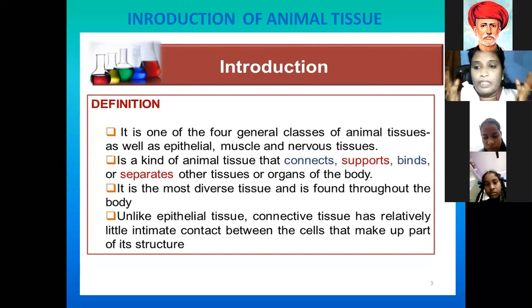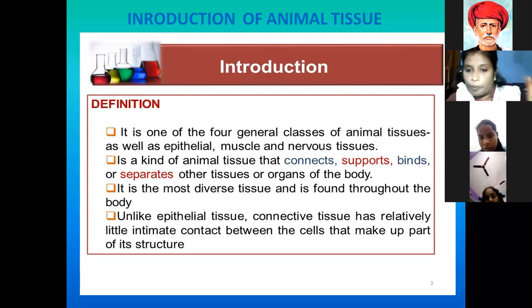All living organisms have so many organs internally. Every organ is maintained by tissues. They connect, support, bind, and separate. These are the main functions of the tissues inside the animal body.